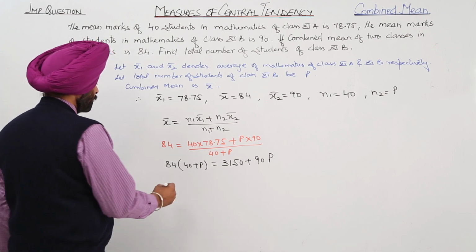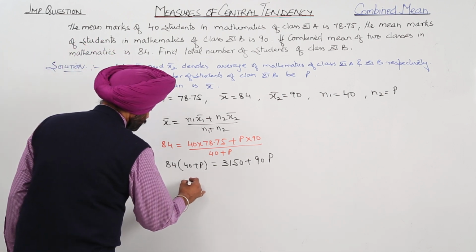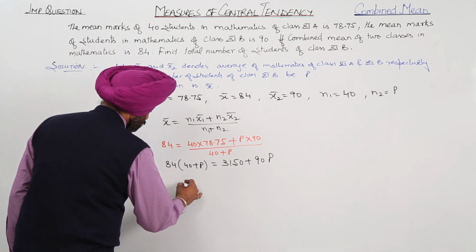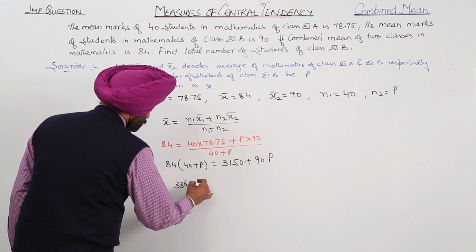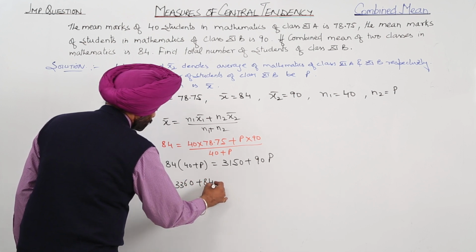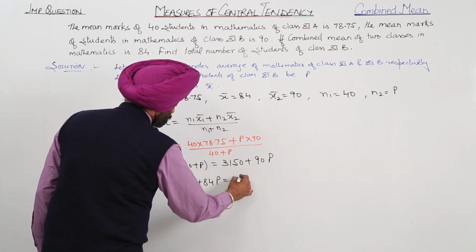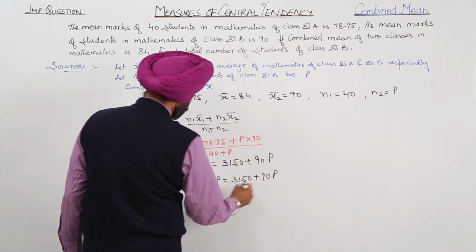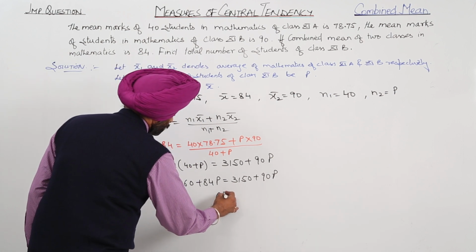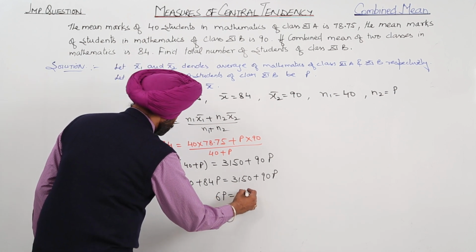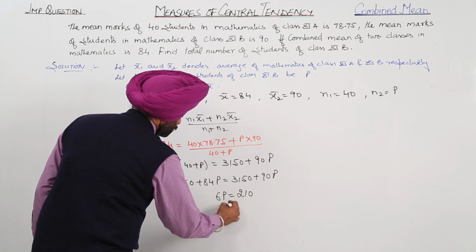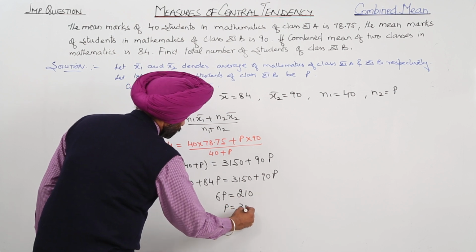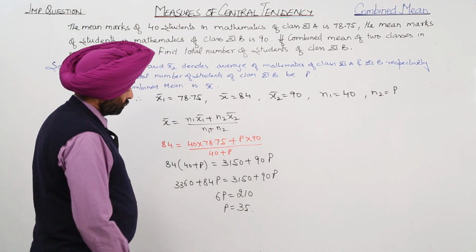Okay. Now multiplying this, what we are having is 3360 plus 84 P is equal to 3150 plus 90 P. So 6P is 210 and P is 35.